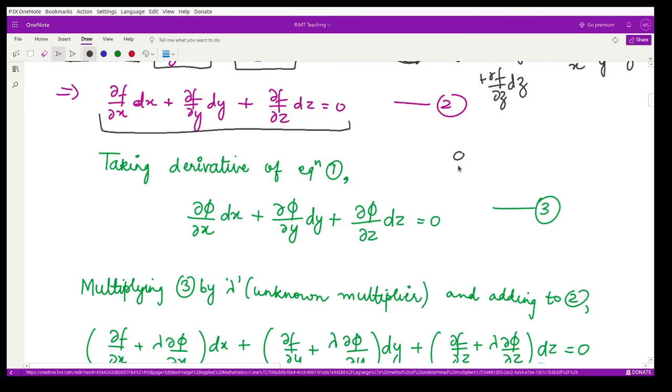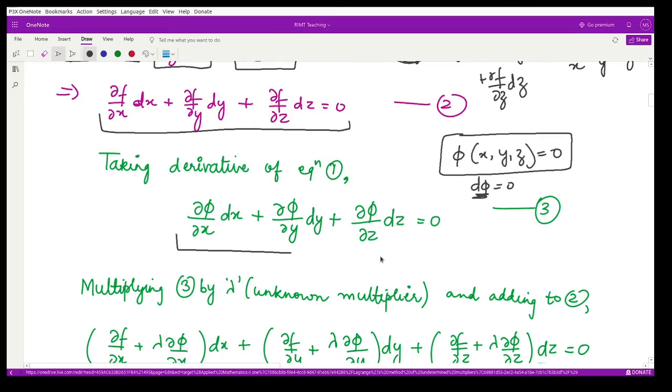If we are given this phi of x, y, z is equal to 0, which is the given relation, once you differentiate it completely, you will have again d phi is equal to 0. And what is d phi? D phi is del phi by del x dx plus del phi by del y dy plus del phi by del z dz is equal to 0. So call this equation number 3.